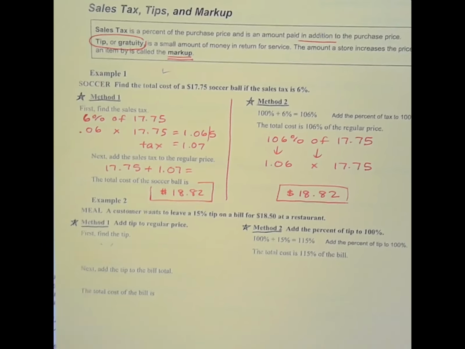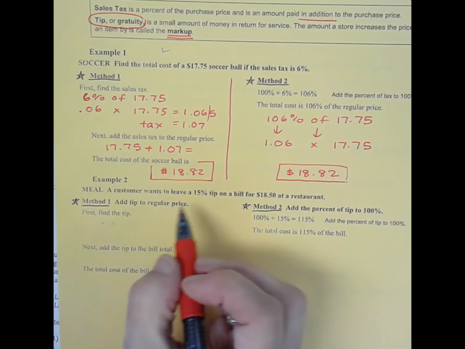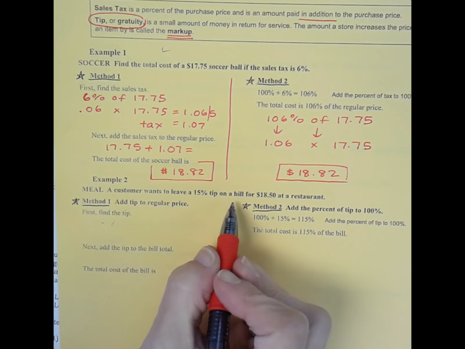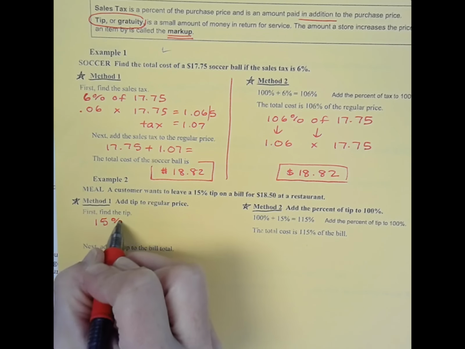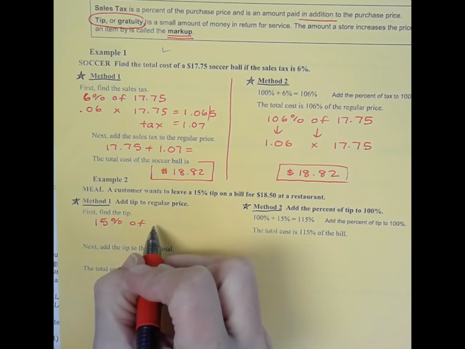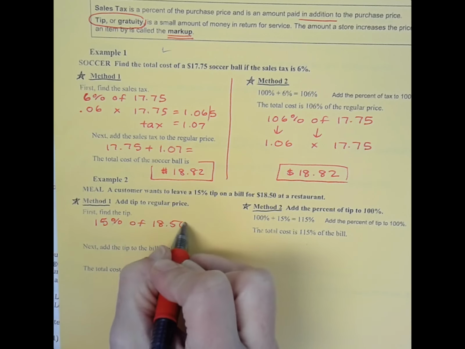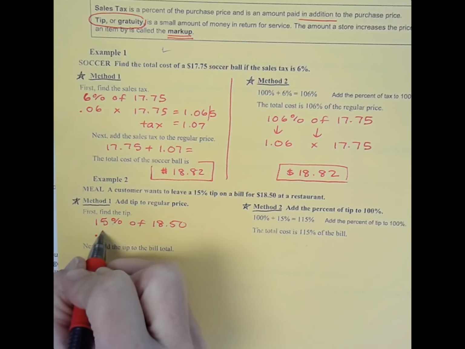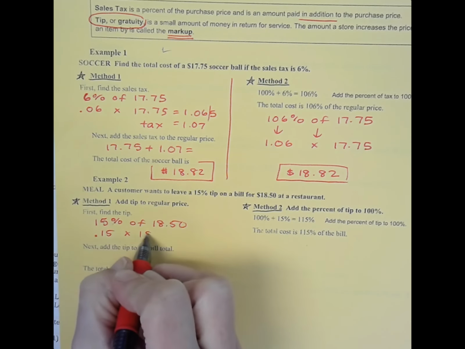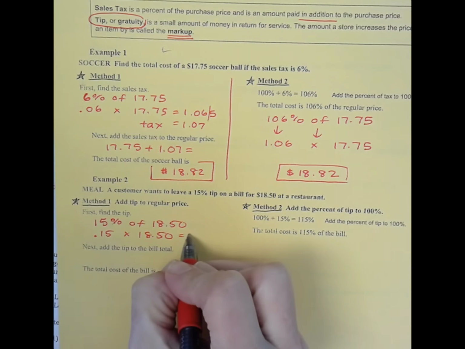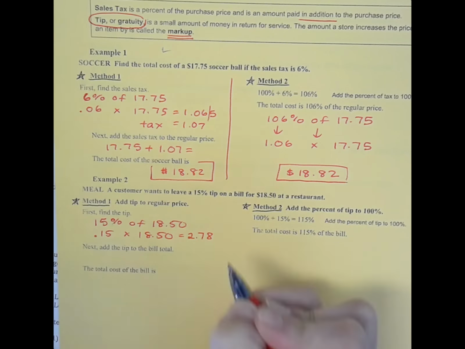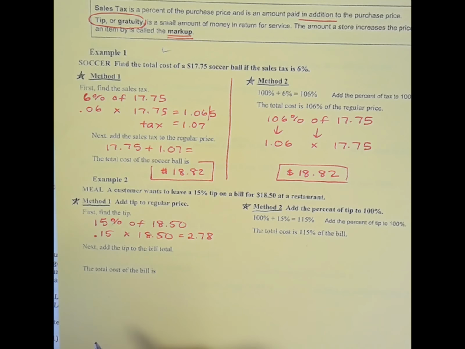This one is about a restaurant. A customer wants to leave a 15% tip on a bill for $18.50. So to find the tip, we need to figure out what is 15% of $18.50. So 0.15 times $18.50 comes out to be $2.78.